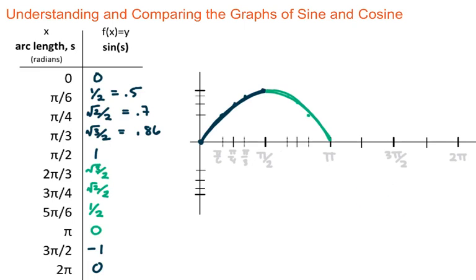So this curve is going to go approximately like this. Notice it's a nice smooth curve that I'm drawing. And then from 3 pi over 2 to 2 pi, around here, we're going to go back up to 0.